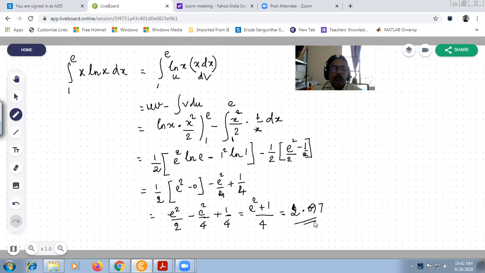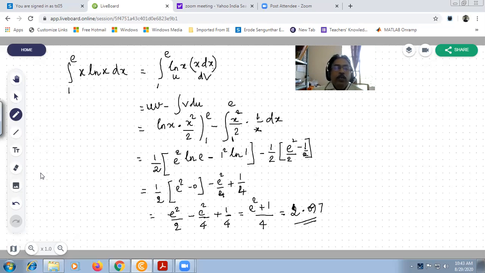You have to keep this E value in your mind, right? E square, 2.76 into 2.76, you multiply, you add 1, that is roughly 7 plus 1, 8, that is 4, okay, right?